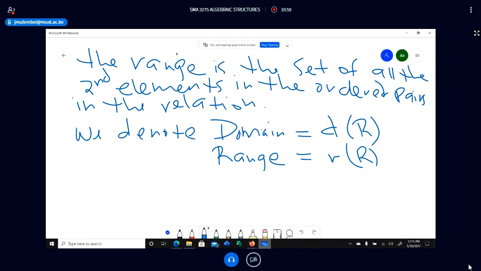If we consider two sets, say S and T, and we want to write down the Cartesian product of S and T, and then from that Cartesian product, we shall also define a relation on that set.